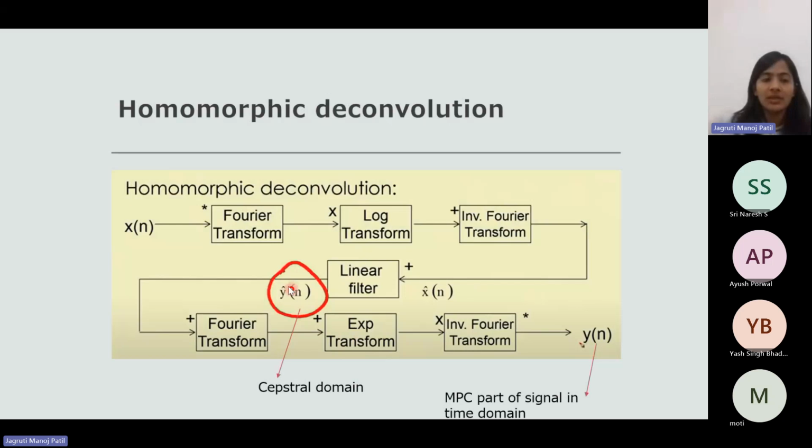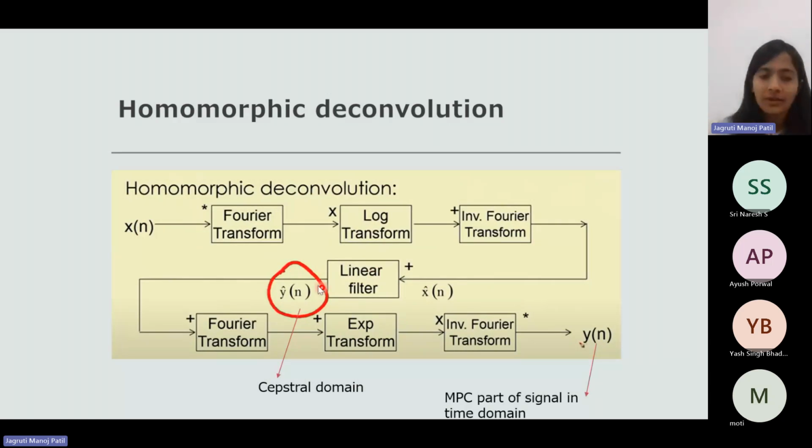Now we'll again go into the homomorphic analysis, and how our homomorphic deconvolution was playing a role. Initially, if you all remember, we take our original time domain signal, take the Fourier transform, do its log transform, and take the inverse Fourier transform. Now we have the cepstrum of x of n itself. Now on this, you can do any sort of linear filtering or processing that you want, apart from using non-linear methods; you can just employ the usual methods that you have.